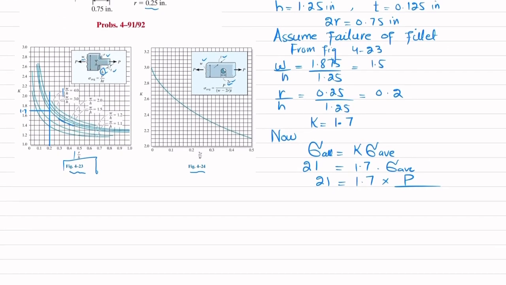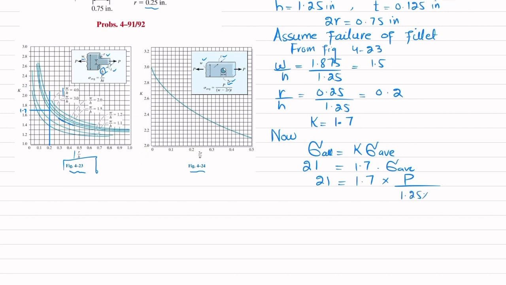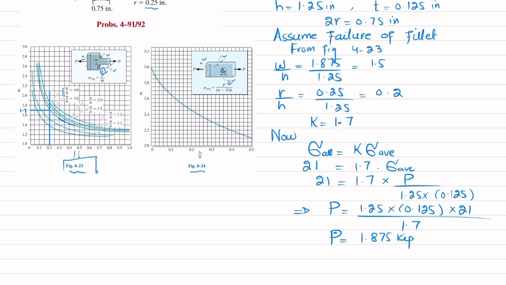So P will be equal to 1.25 multiplied by 0.125 multiplied by 21 divided by 1.7, and when you calculate this, P will be 1.875 kips. So that is the load for failure of the fillet.